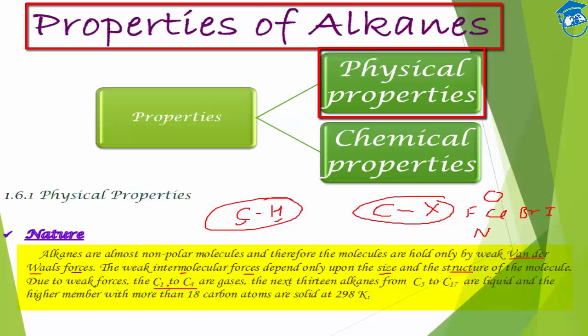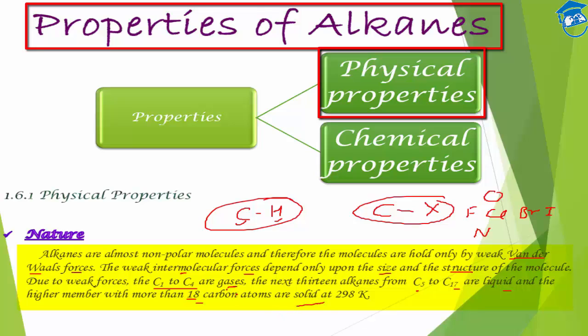C1 to C4 have very weak forces, so they will not be held too closely, and so they will be in gaseous state. The next 13, that is C5 to C17, will have somewhat stronger van der Waals force, so they will be in liquid state, and above that it is generally solid at room temperature.